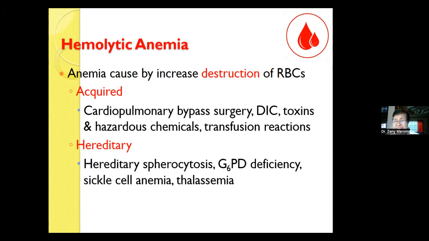Or dili kaya, secondary to toxins and hazardous chemicals, or when the patient is given a blood transfusion, nagkaroon siya ng hemolytic reaction, nagkaroon ng incompatibility of patient's blood, na yung donor blood sinisira ng antibodies ni patient. Kaya nahihemolize ang red blood cell.